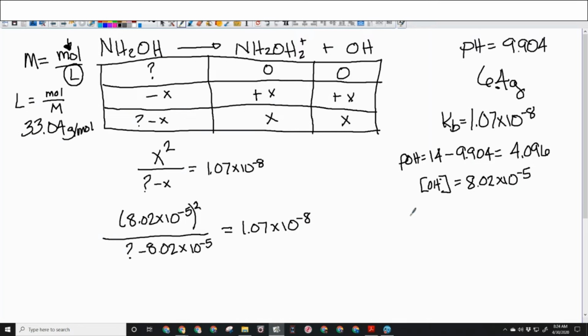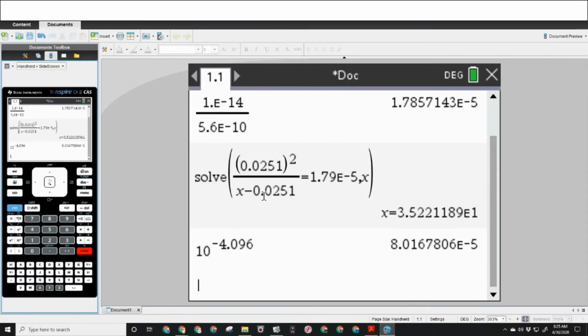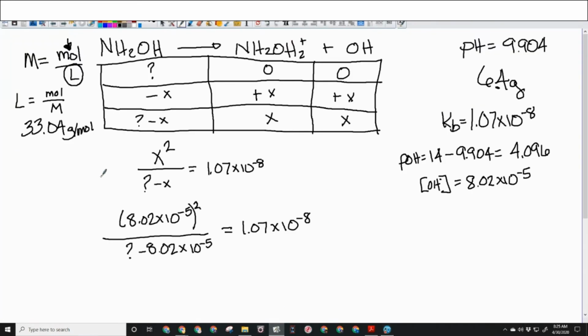Now, in that last question, I showed you how to put this in the TI-Nspire calculator to get your answer. But I neglected to go back and show you how to do it without the TI-Nspire, like on your normal calculator. There's really no easy way to do that, so we're going to have to make a shortcut here, a way to do this that's easy enough and it's not going to take you 30 minutes to calculate it.